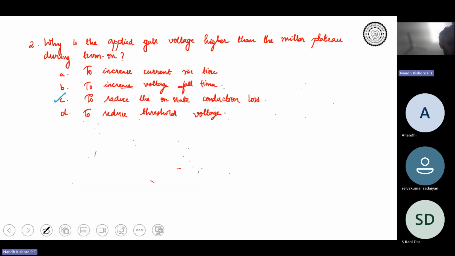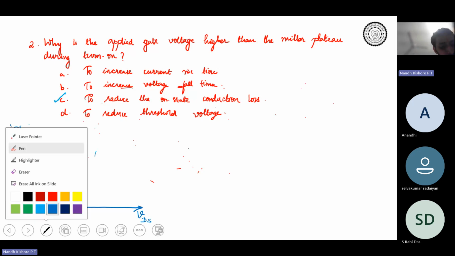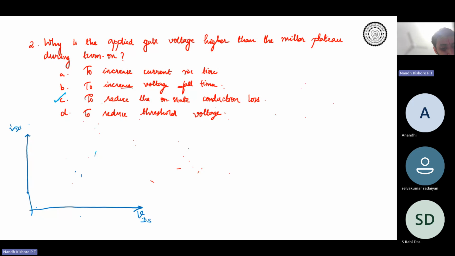So for this, if you see the output characteristic of any device, let's say this is VDS and this is IDS. This is the output characteristic of any generic MOSFET. In that case, you will see that the output characteristic is something like this.